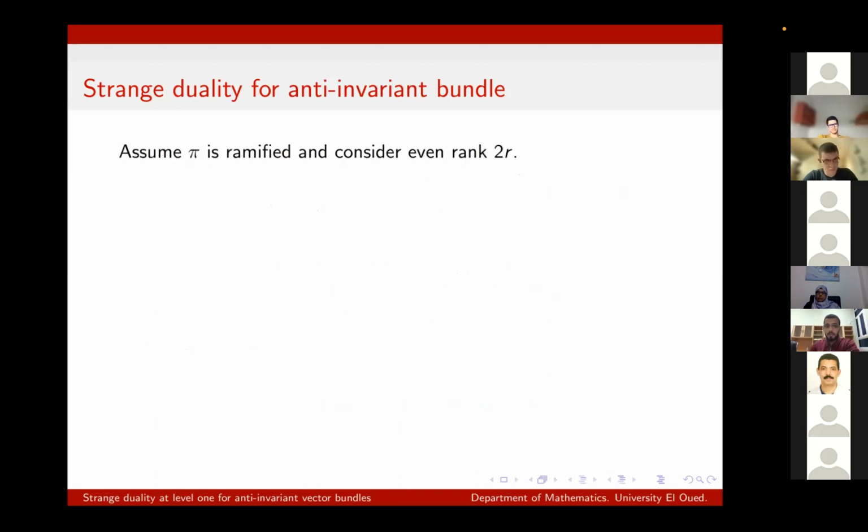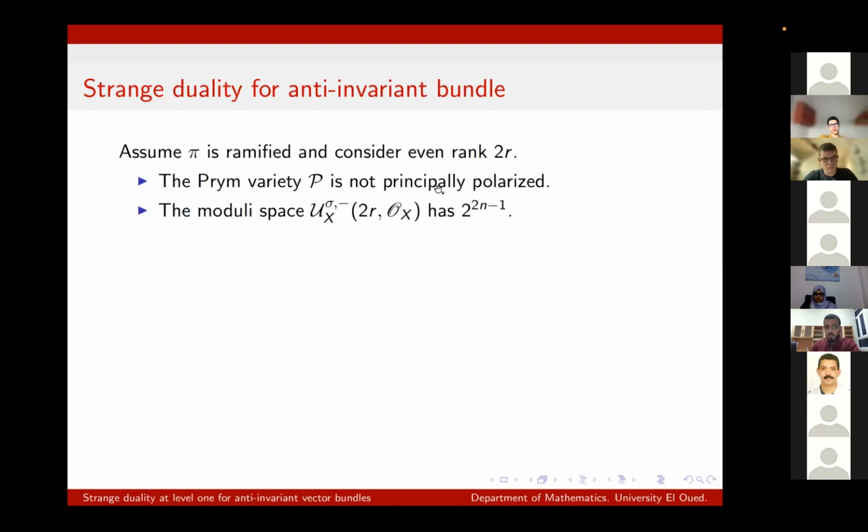So in the ramified case, let's consider the anti-invariant case, I mean the sigma alternating case. Assume that the rank is even. First of all, the Prym variety is no longer principally polarized, so we don't have a square root of the theta divisor here. This is the first remark.